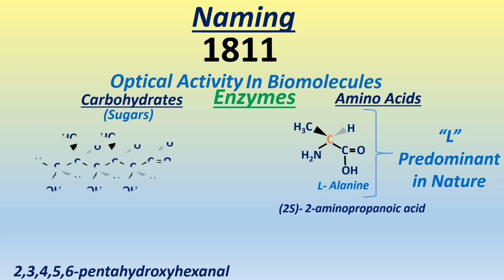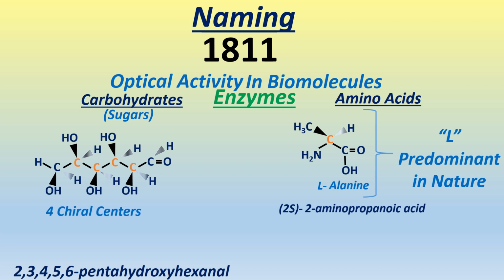Similarly, with sugars, you look at 2,3,4,5,6 pentahydroxyhexanal, the basis of the 3 sugars we've already seen. In this, you'll see there are 4 chiral centers. Theoretically, there are 16 possible stereoisomers of 2,3,4,5,6 pentahydroxyhexanal, and these have been prepared in the lab.